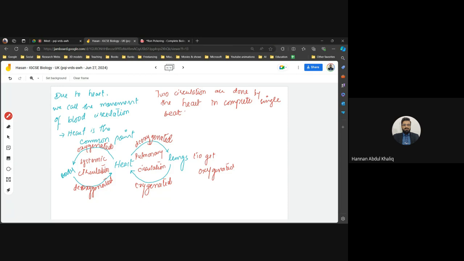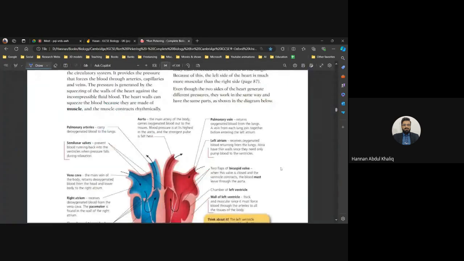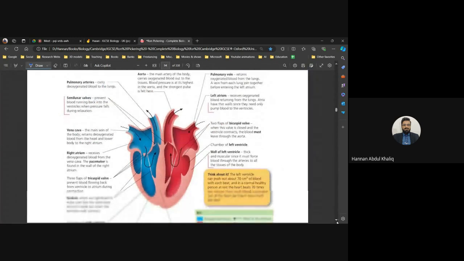So systemic circulation. Now let's have a look at how it happens. First of all, if you look at the figure, you may open your book as well. You can clearly see the blue and red side. This is one of the misconceptions that we keep in our mind for a very long time. And what is that?